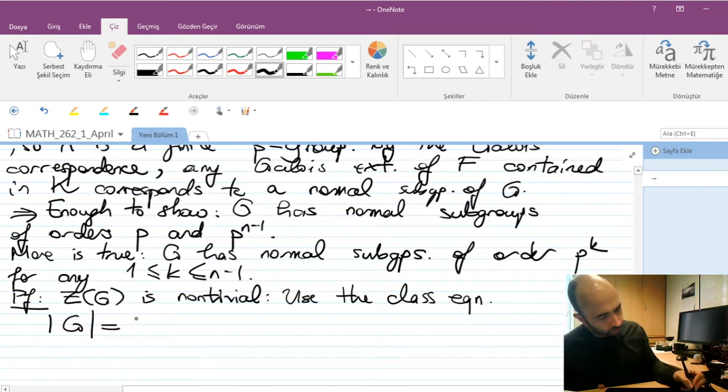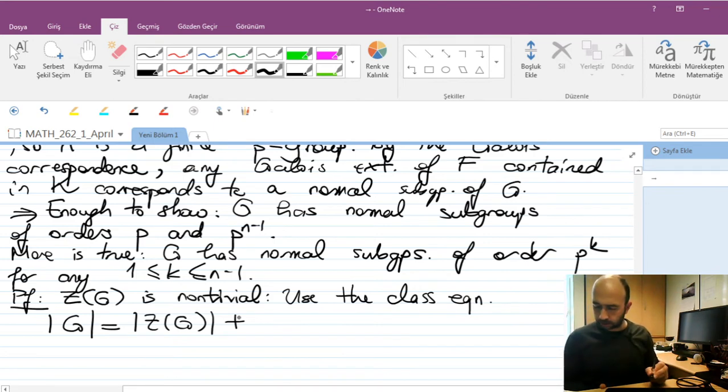So write those elements separately, and all the other conjugacy classes as a separate thing.